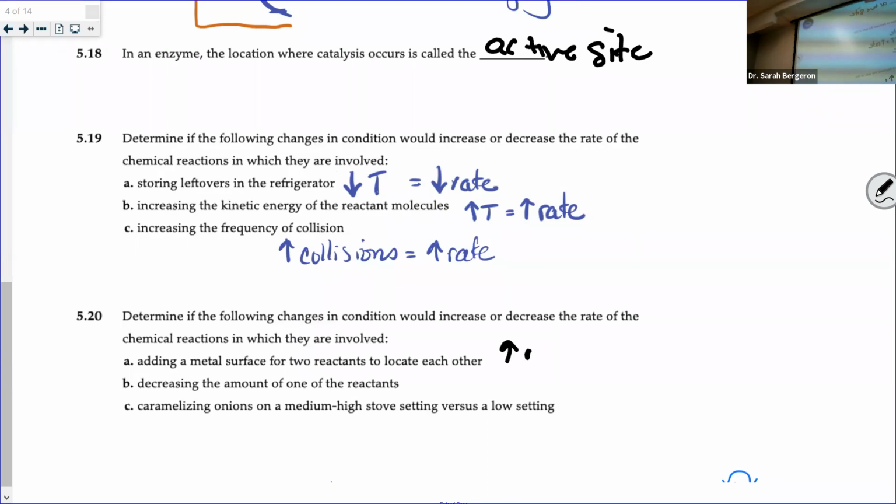You're going to increase the rate, because a metal surface can actually be a catalyst. Catalyst. The one that I was describing is what happens in our cells, in our bodies, right? That's the most common kind of catalyst that we think about, but it's not the only one. You can have surfaces that just provide a place for the reactant molecules to hang out together and make that reaction happen. Okay?